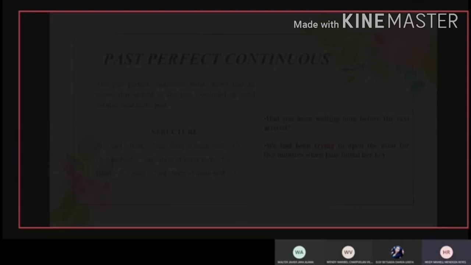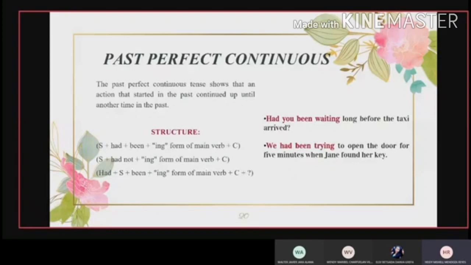Okay, past perfect continuous. The past perfect continuous corresponds to the present perfect continuous, but with reference to a time before the recent past. With the present perfect continuous, we are more interested in the present result.